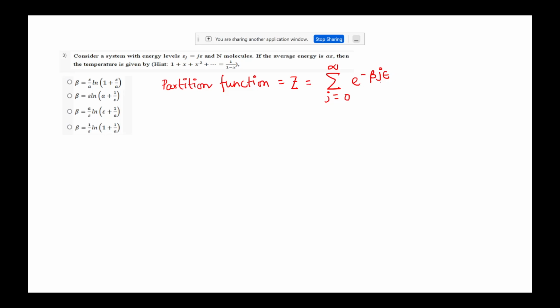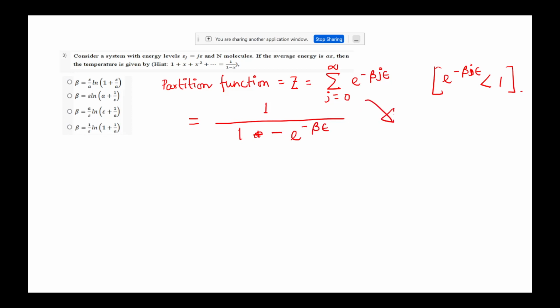Now this is an infinite series because e to the power minus beta epsilon is always less than 1. So we can write it as 1 by 1 minus e to the power minus beta epsilon, because if you expand it, the first term is 1, the second term is e to the power minus beta epsilon, then e to the power minus 2 beta epsilon, so an infinite GP. This is the partition function, right?